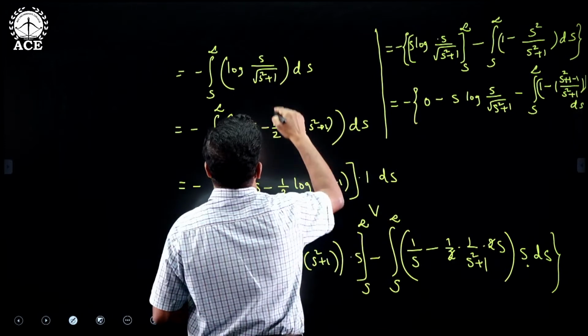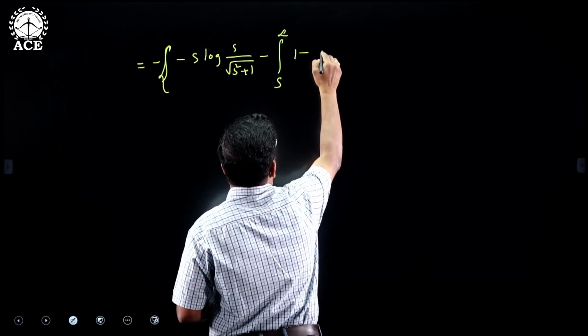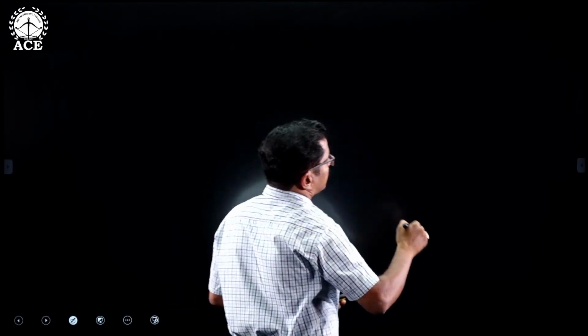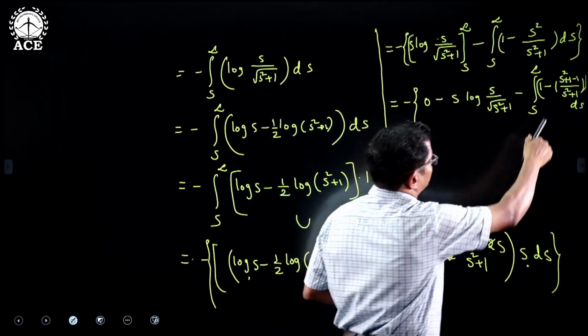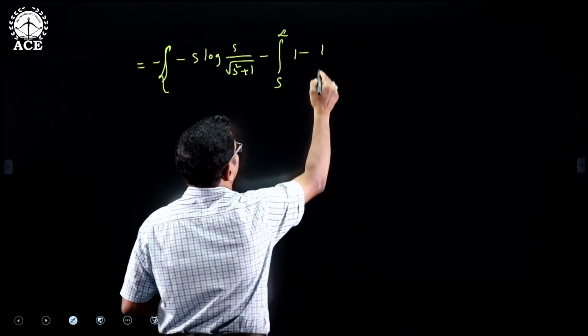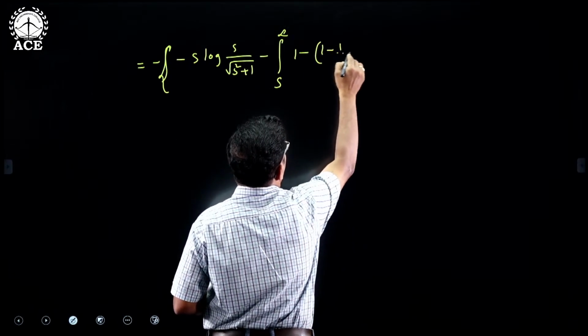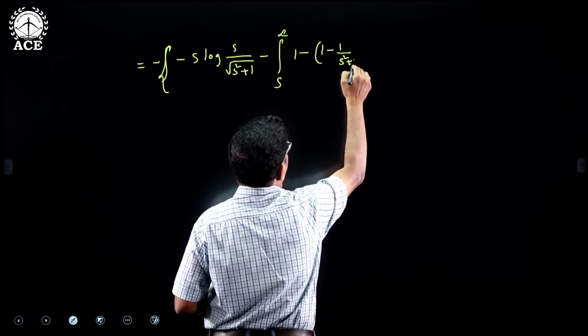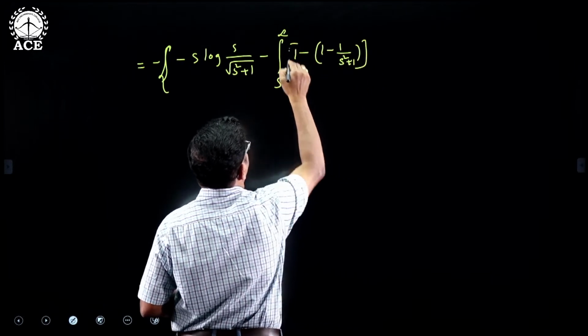Here you will get 1 minus 1 by s square plus 1, because s square plus 1 by s square plus 1 is going to be 1, minus 1 by s square plus 1 into ds.